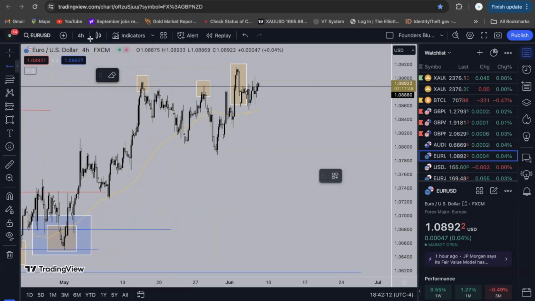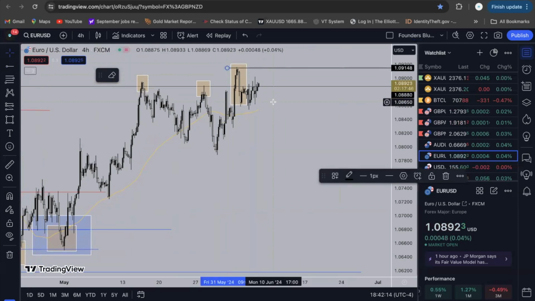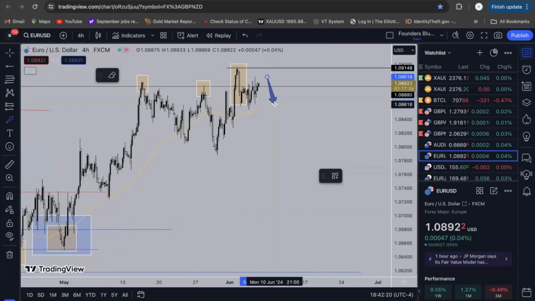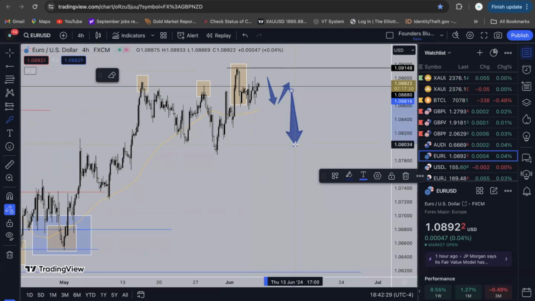All we want to see now is if price can maintain that level. If it maintains that level, guess where we going? Downtrend. Down, we going down. We are going down. And we want to make it that simple.